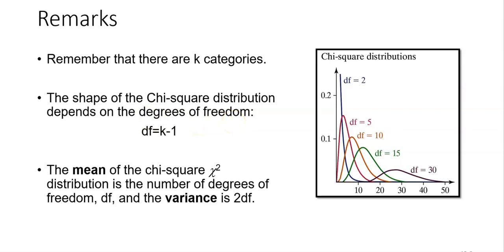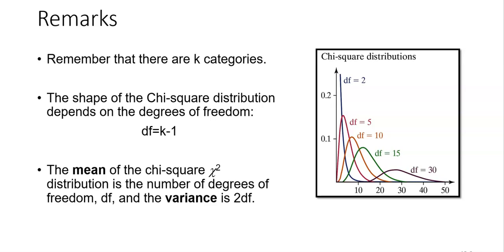So in a goodness of fit test, degrees of freedom equals the number of categories minus 1. So here we have the chi-square distribution when degrees of freedom is 2. Here we have when degrees of freedom is 5, and so on and so forth. So as you realize, as the degrees of freedom increases, the shape of the chi-square distribution becomes more symmetric.